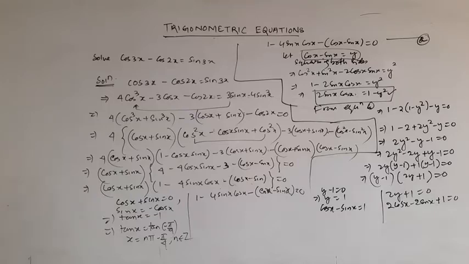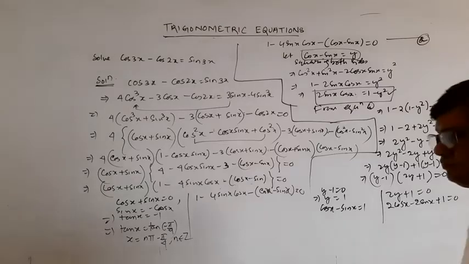That is 2y square plus 2y, cos x minus sin x common. Clear? So y is equal to 1. Solve this.